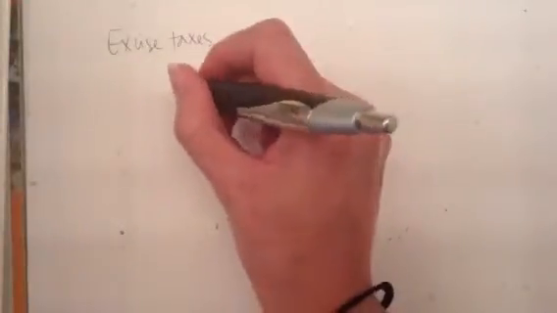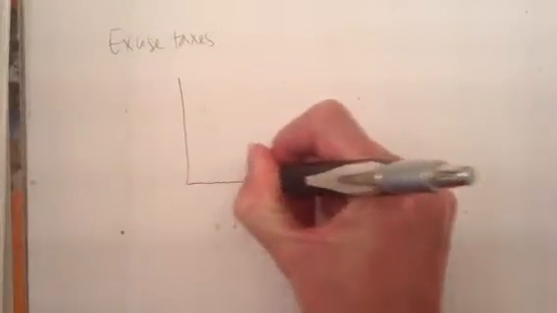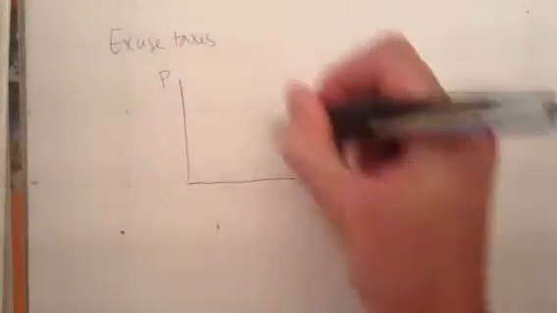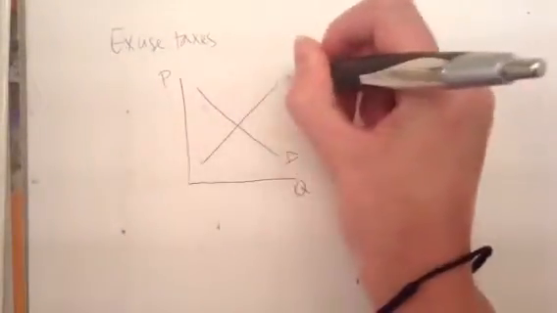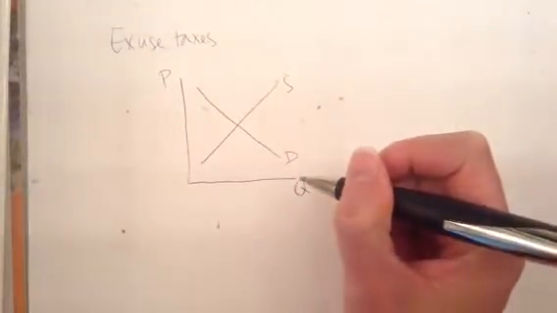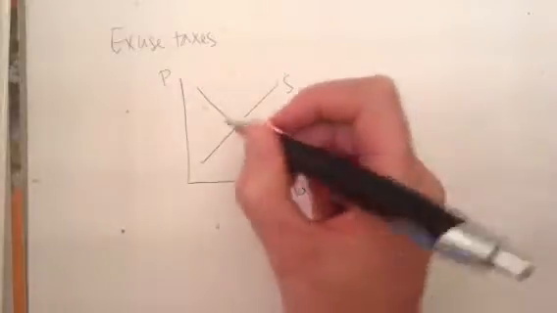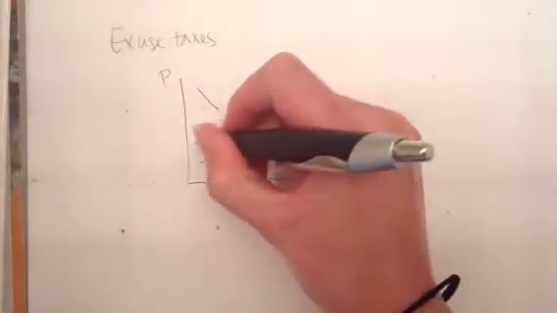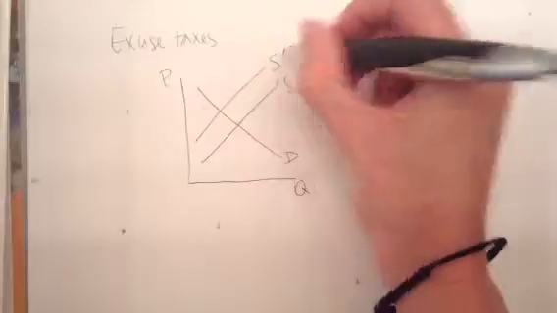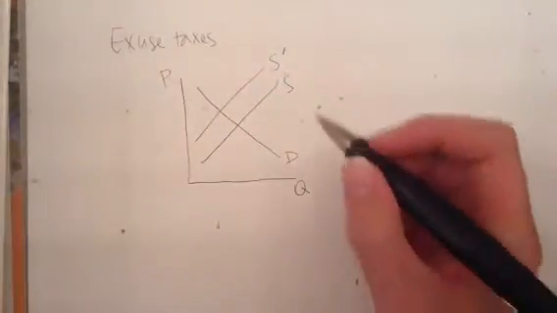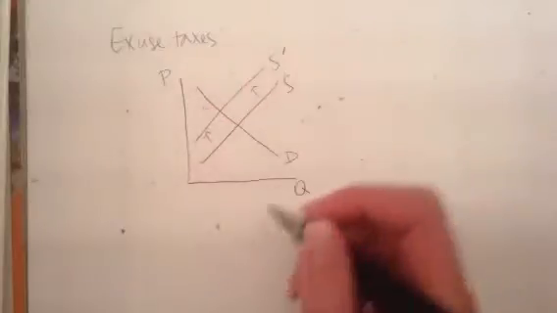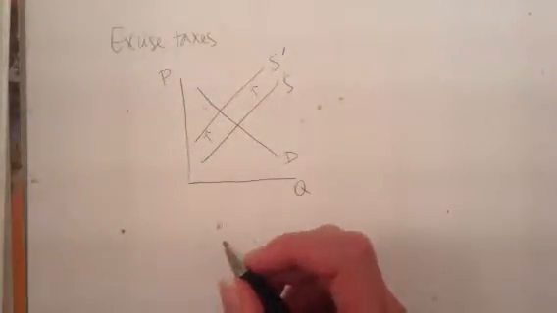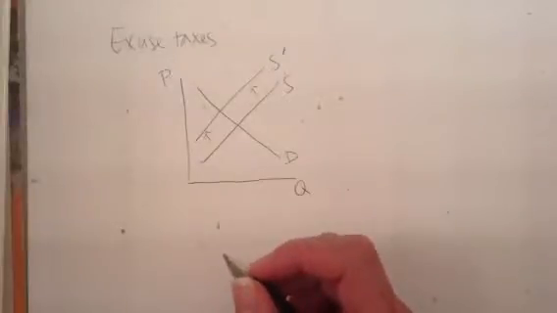So in the market, what that ends up looking like, we've got our normal supply and demand market for cigarettes. The tax is going to appear as a decrease in supply. Basically, you're going to end up with this situation where supply is now less than it was because the government is charging this tax, and that is going to have to be paid by somebody.